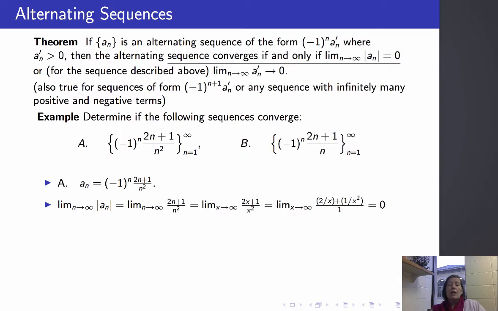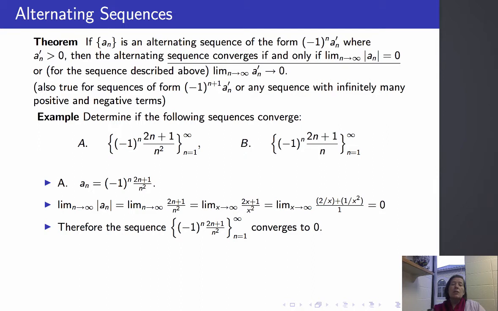So when I do that, it's equal to the limit as x approaches infinity of (2/x + 1/x^2)/1, and that limit is obviously 0. So that's actually enough to conclude that this alternating sequence converges, and we can actually say it converges to 0.